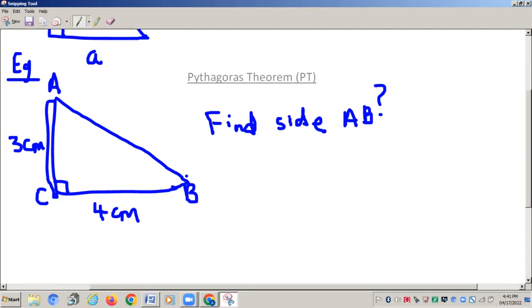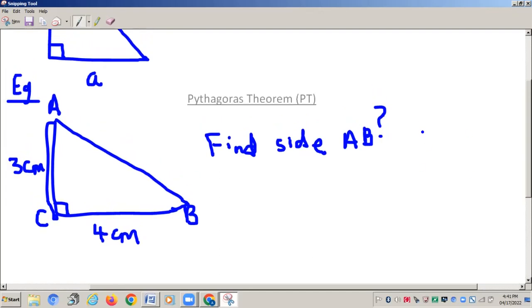All right, so the question says to find side AB. You need to ask yourself this question before you start. Number one, is this triangle a right angle triangle? Yes, it is.